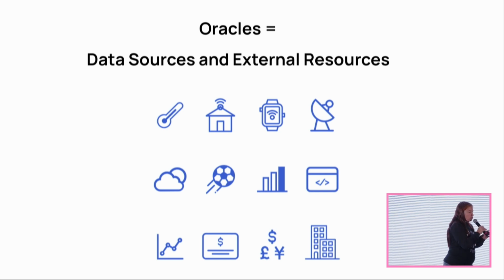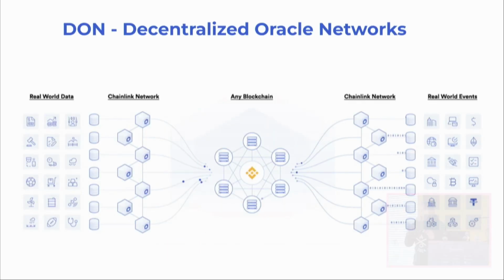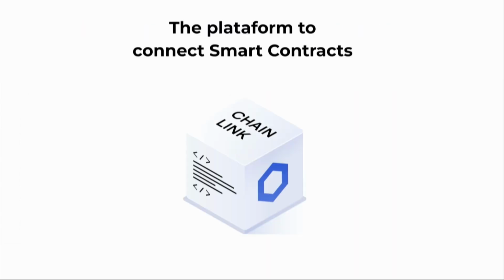Oracle is the key to do this. And when you talk about oracles, it's important that you have a decentralized oracle network, not only one source to bring the information. So Chainlink is a decentralized oracle network platform with different services for you.